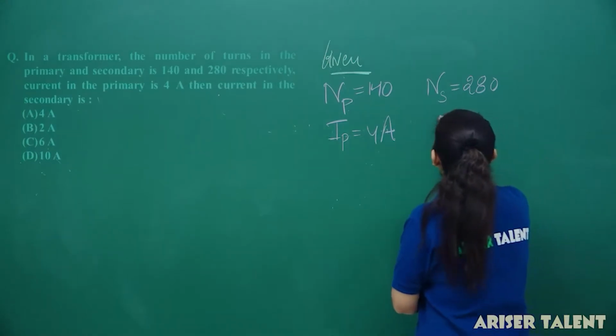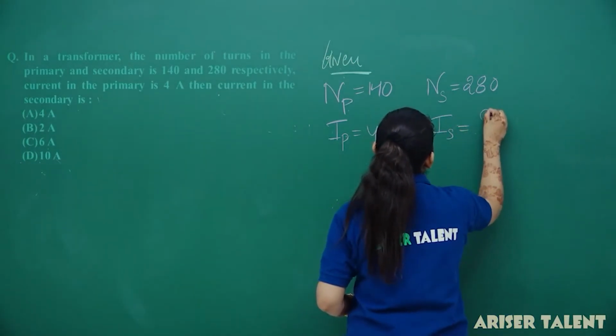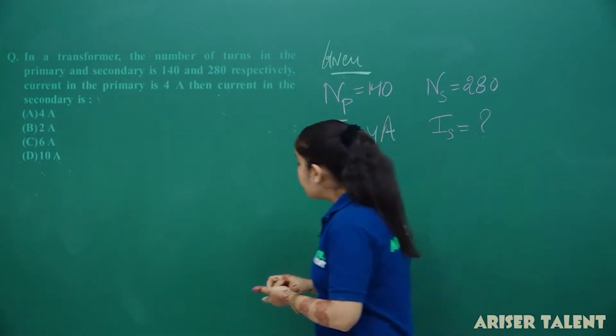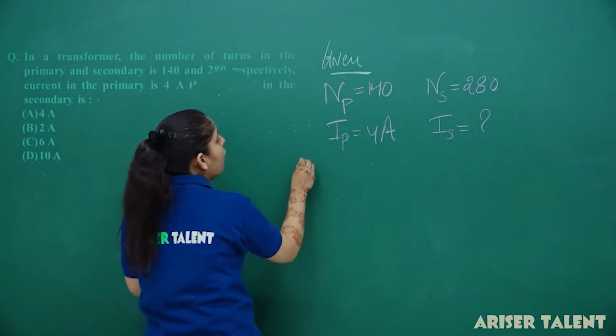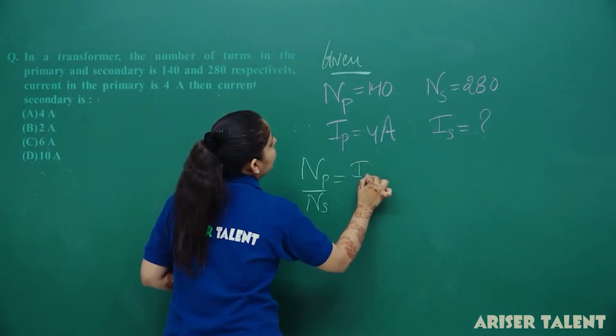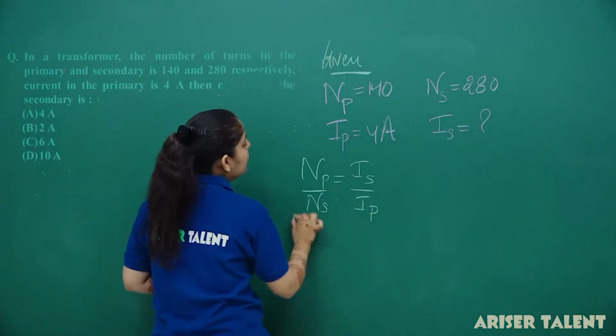So what you have to determine is the current in the secondary coil. In case of the transformer, we have seen that the ratio of NP upon NS will be equal to IS upon IP. This is the formula for current.